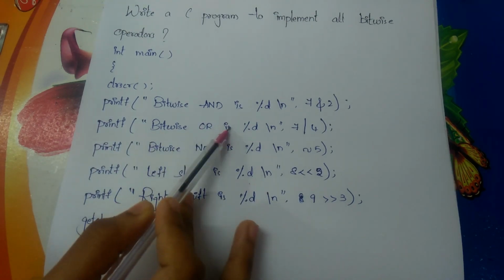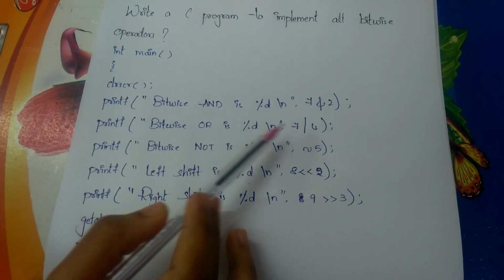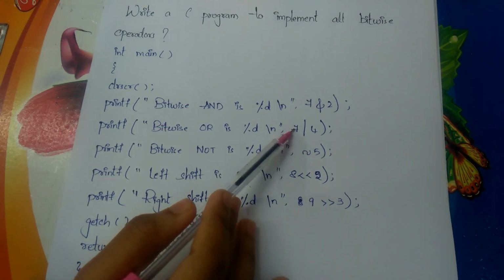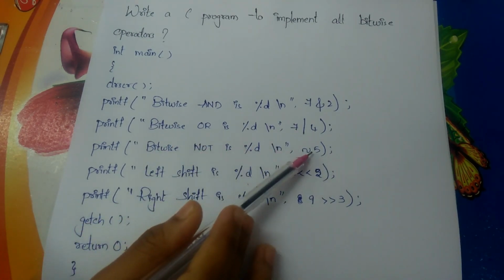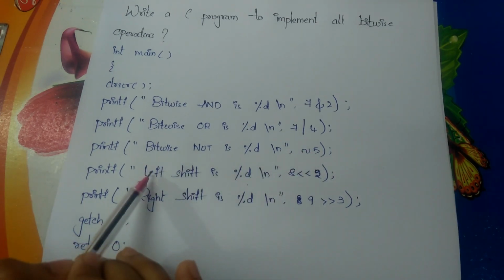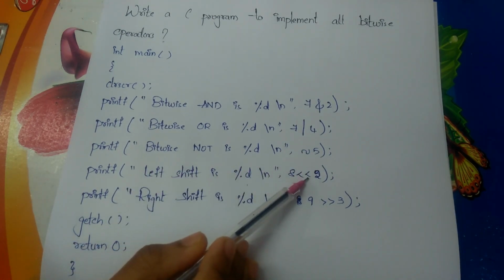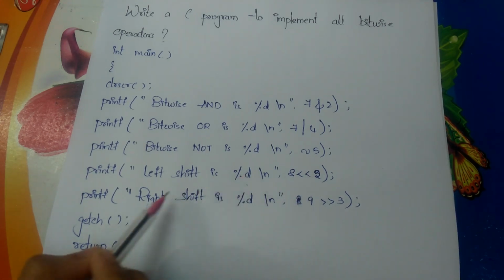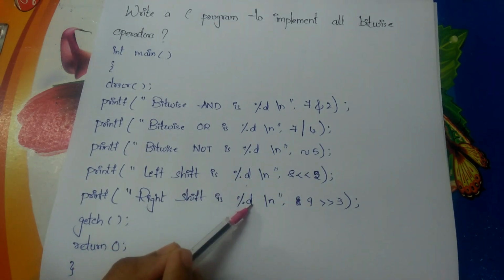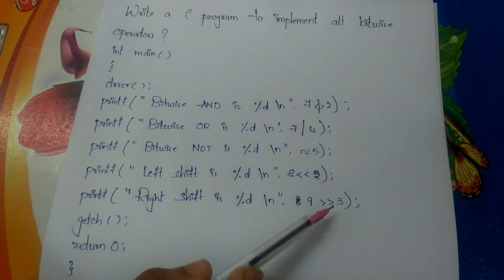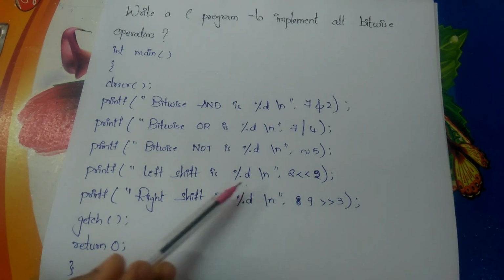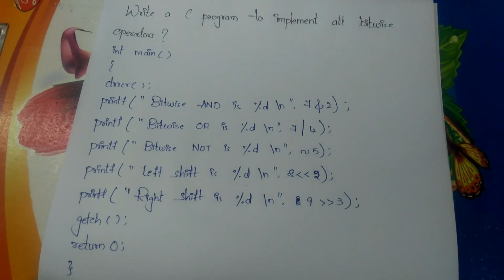Next bitwise or is %d, which prints 7 bitwise or of 4. Next bitwise not is negation of 5. Left shift is 8 left shift operator to the 2, and then right shift is %d, and this is for 9 right shift operator to the 3. Now getch, after that return 0.